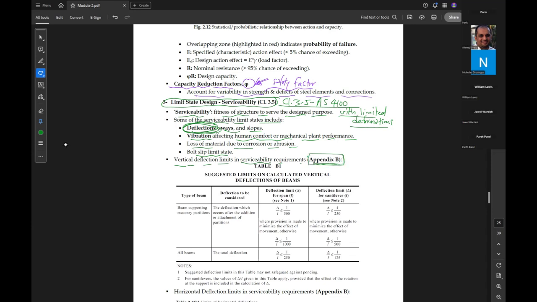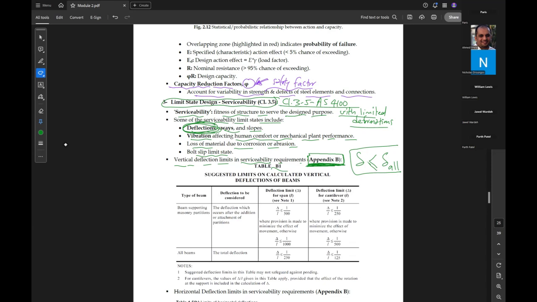So the standard also gives us some allowable deflection. The idea here in the serviceability is that the deflection you got should be less than or equal to the allowable limits by the standard. So in Table B1, some suggested limits for vertical deflection of beams.